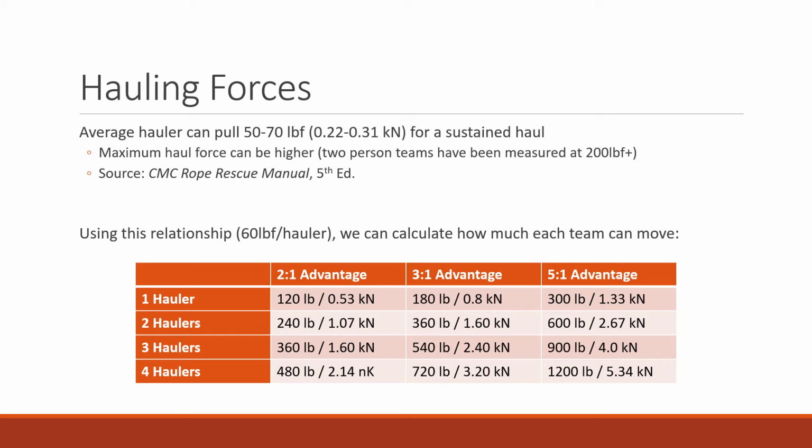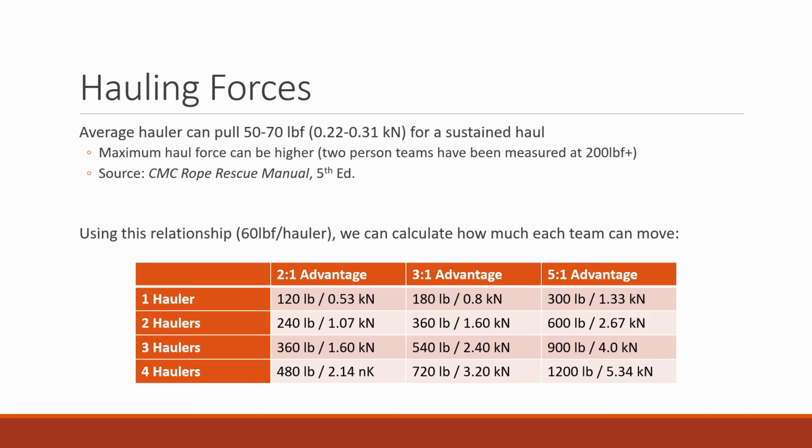That is a victim and a rescuer with a little bit of room to be comfortable. So a 3-to-1 with 3 people is a good operating system for the vertical environment. As we have a reduced number of people though, we can use a 5-to-1 and produce 600 pounds with just 2 people. So the math is there if you want to look at it. It's pretty straightforward how it all comes together.